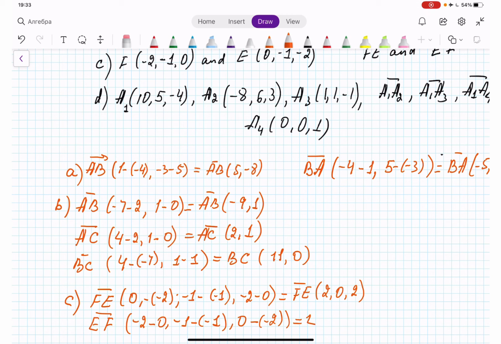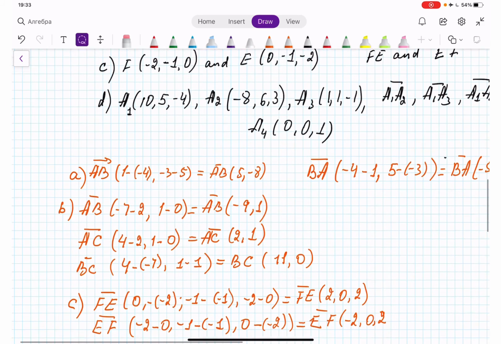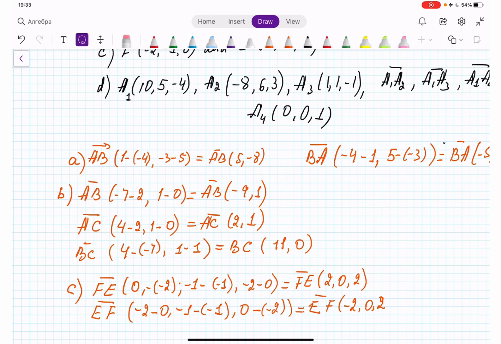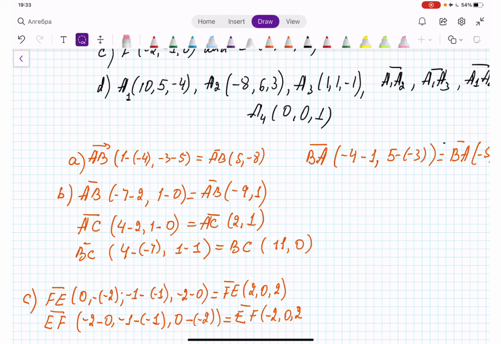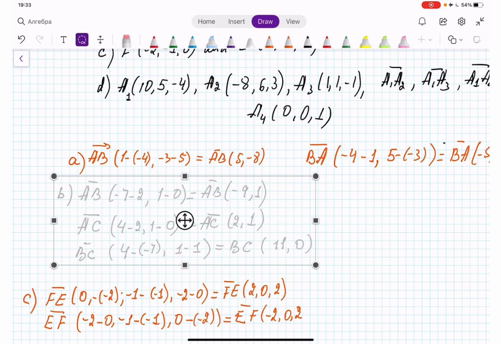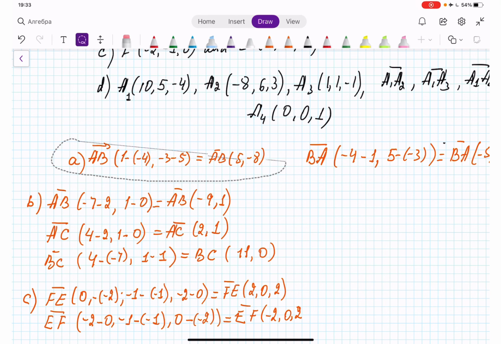And we get vector EF with coordinates negative 2, 0, and 2. Okay. And lastly, D, where we work with 4 points. Let me squeeze in here so we can see the vectors.